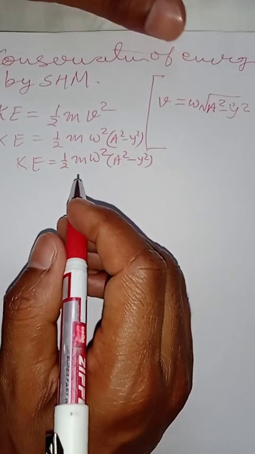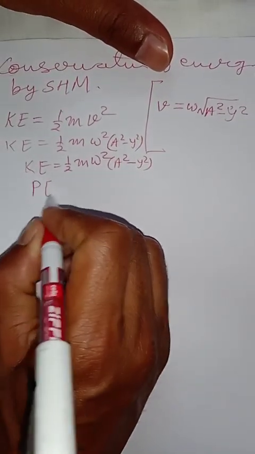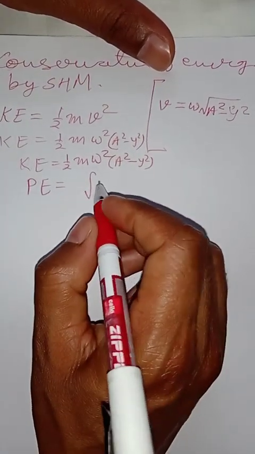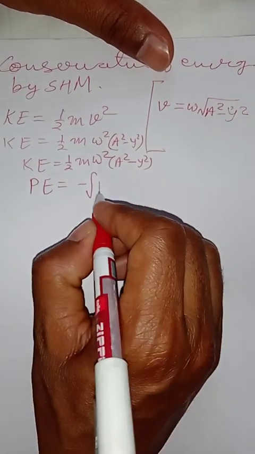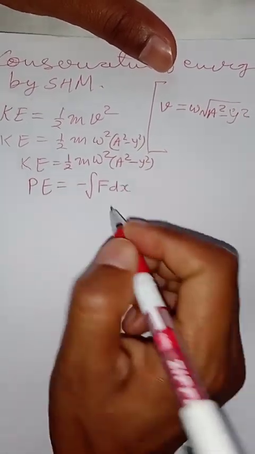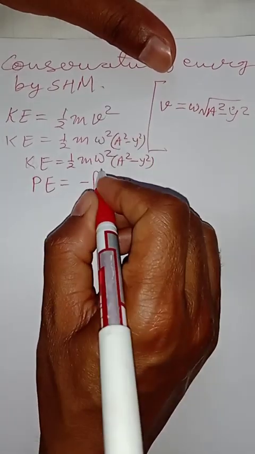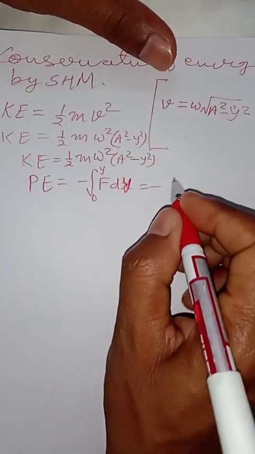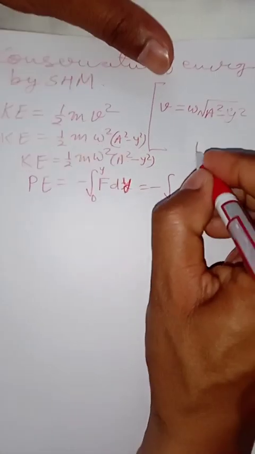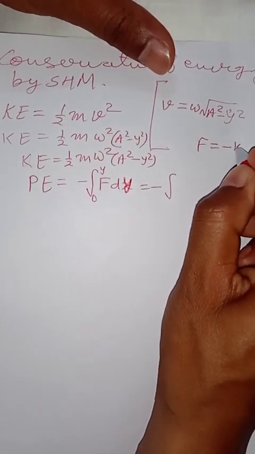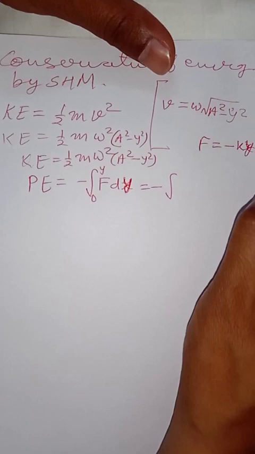Next is potential energy. Potential energy is actually the negative work done, within limits 0 to y. Because it is the restoring force, F equals minus ky.